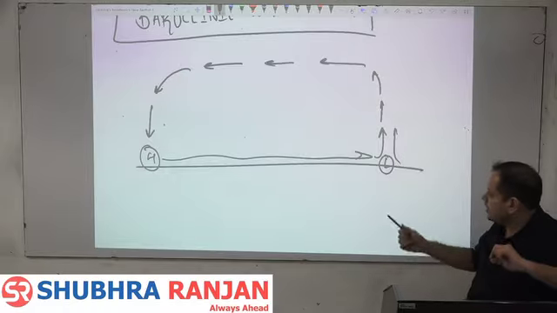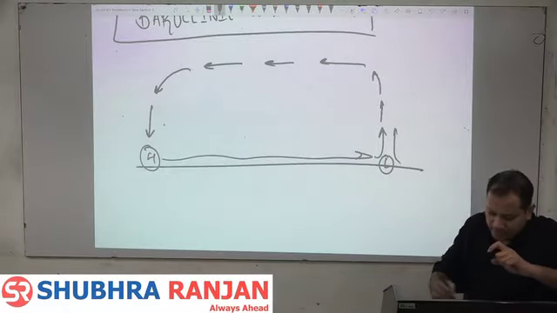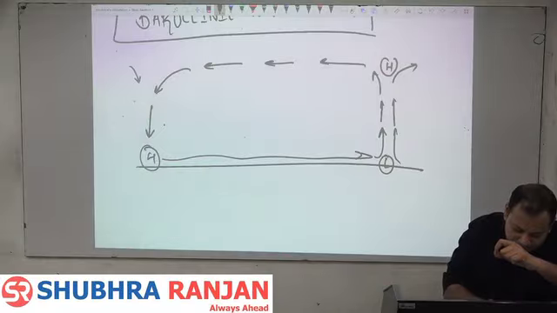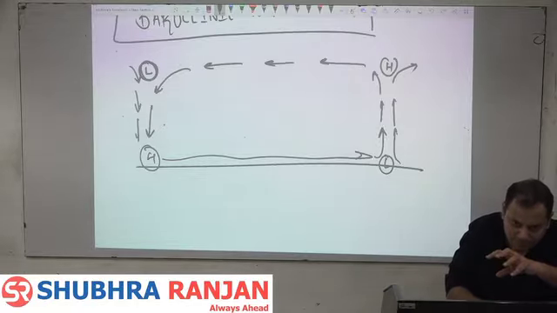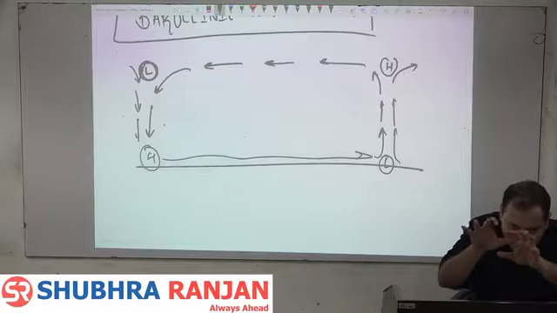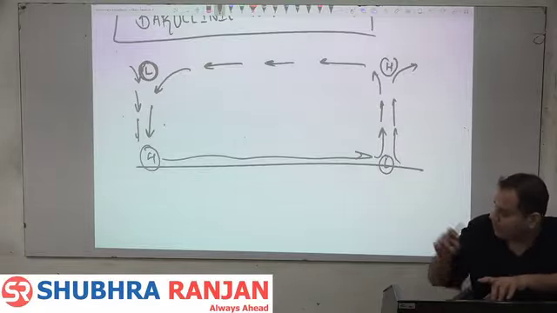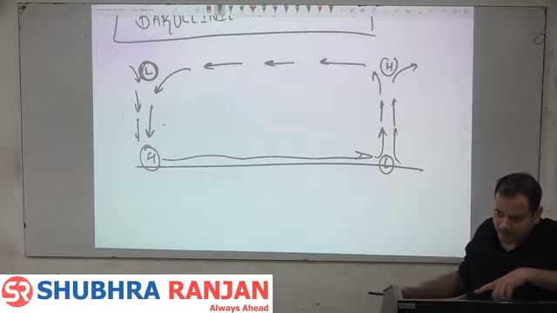Conveyor belt model means if it is low pressure here, then in the upper air there is a divergence or high pressure, and if there is a divergence, it is going to converge somewhere here. Because of this, the density of the air will increase, and as a result the air will come and settle down, and therefore if there is low pressure above, there is high pressure on the ground.